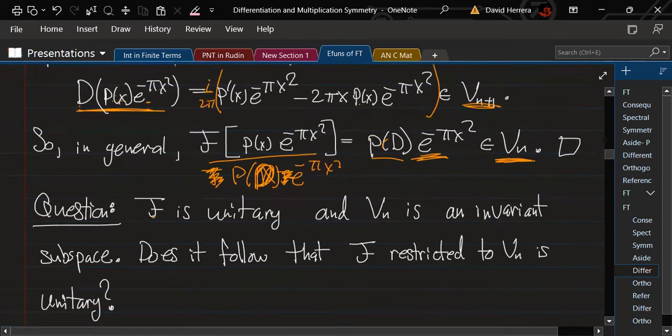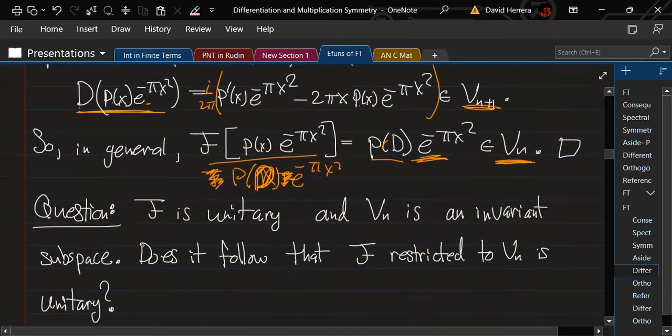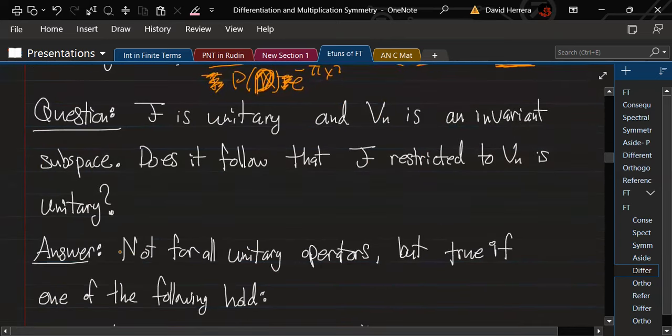The question is, if f is unitary and Vn is an invariant subspace, is that all you need to know in order to know that f restricted to it is unitary on that subspace? Or do you need some other information about f? And the answer is no. It is not enough to know just the fact that it's unitary and this is an invariant subspace. You need to know more.